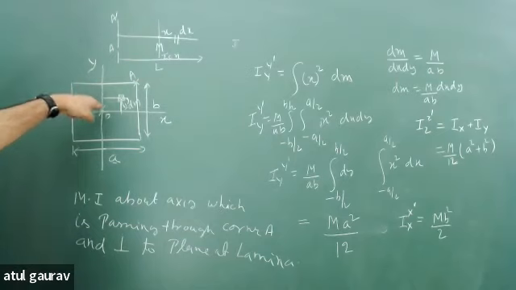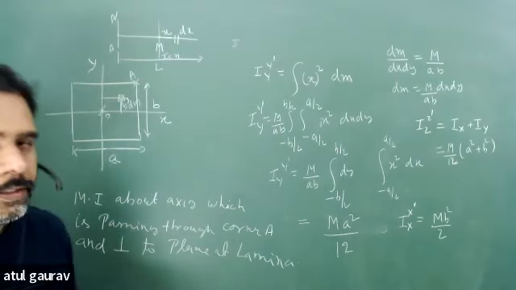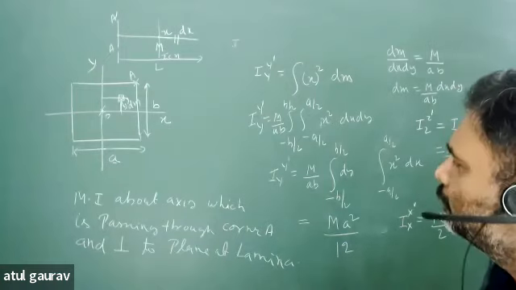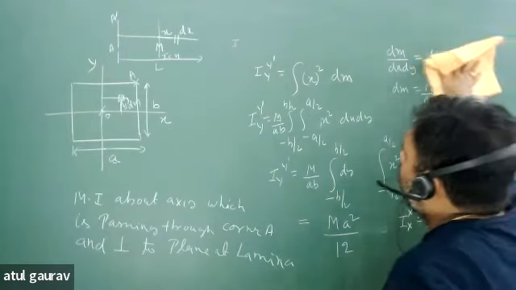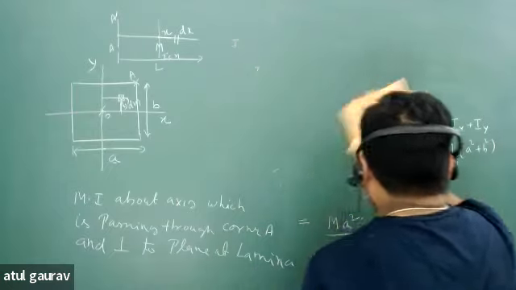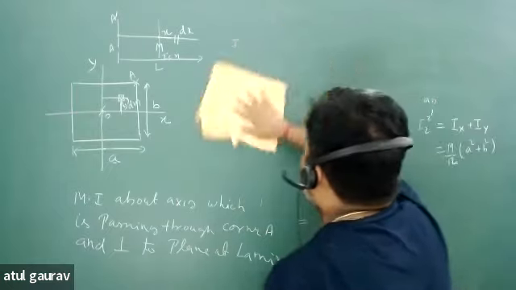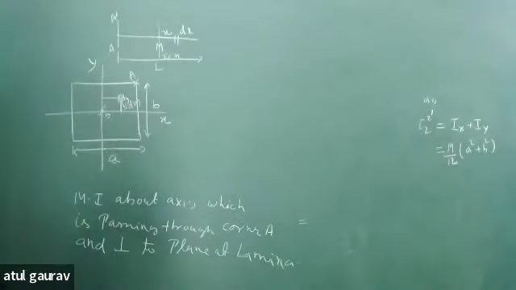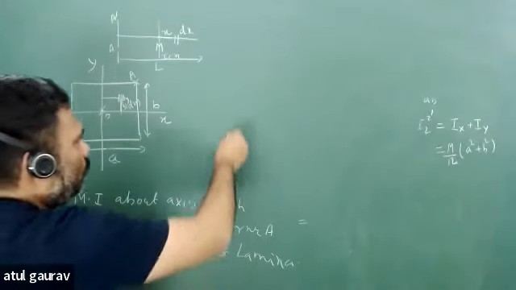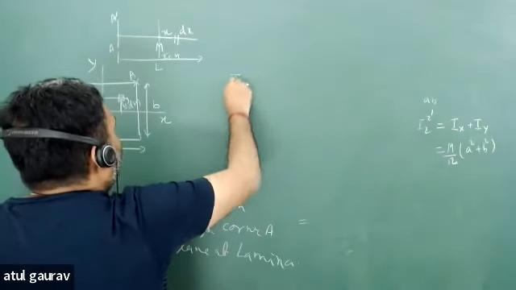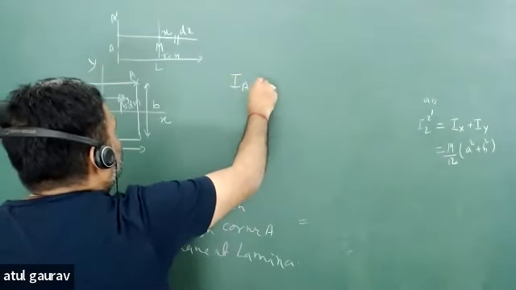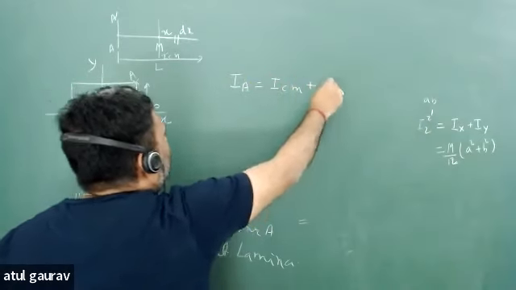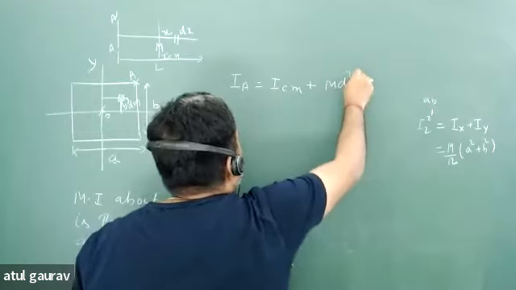So you can easily use the parallel axis theorem. So when you are going to use this parallel axis theorem, now let's try this. I about A is equal to I center of mass plus m d square.